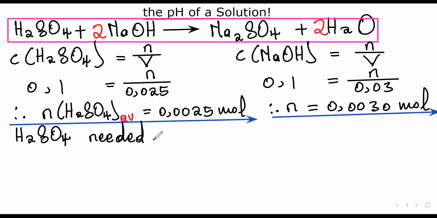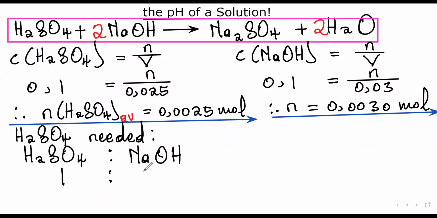Let's try to find that out. How do we find that? By looking at the mole ratio. The ratio between sulfuric acid and sodium hydroxide is 1:2.